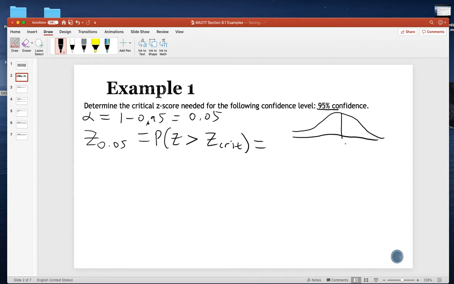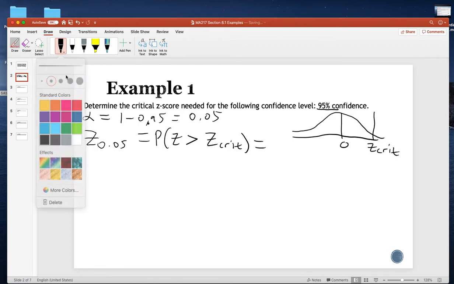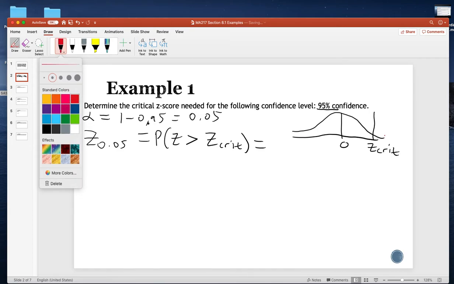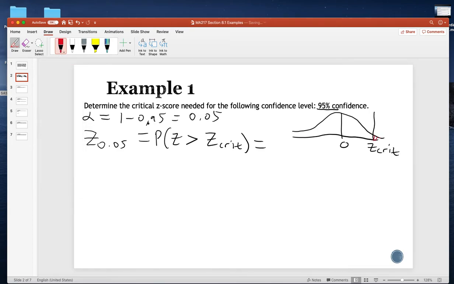So z-scores have a mean of 0. When we have ourselves our alpha of 0.05, that means we want the critical z-score value such that the area in just this right-hand tail.